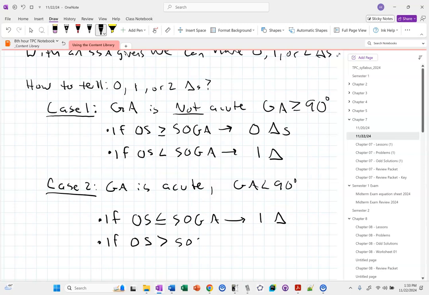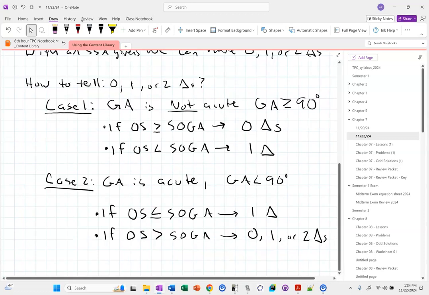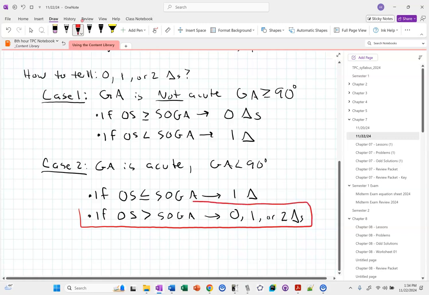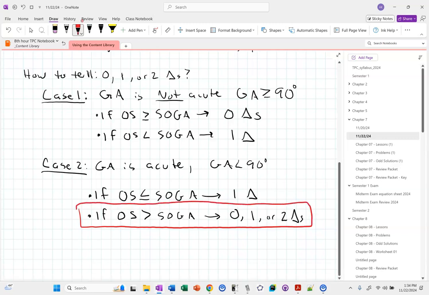If the SOGA is the smaller, though, it's not clear what's going on initially, at least from the given information. We can't tell right away. Because we can't tell immediately, we call this the ambiguous case.